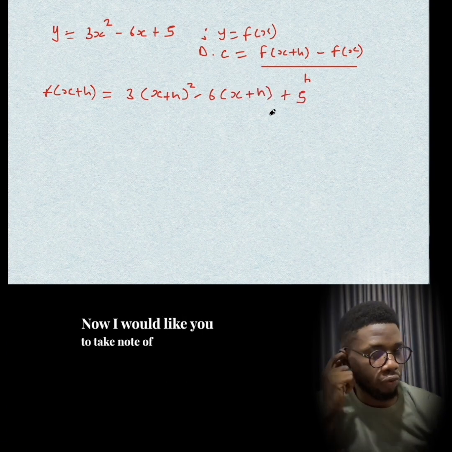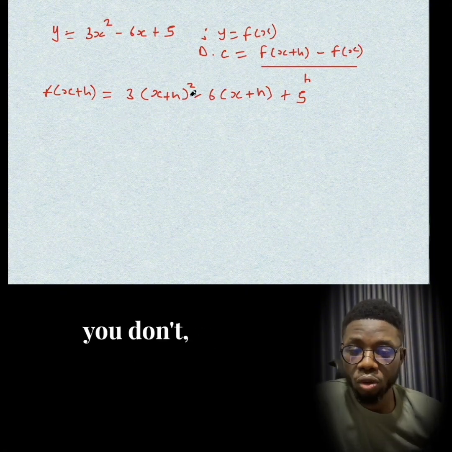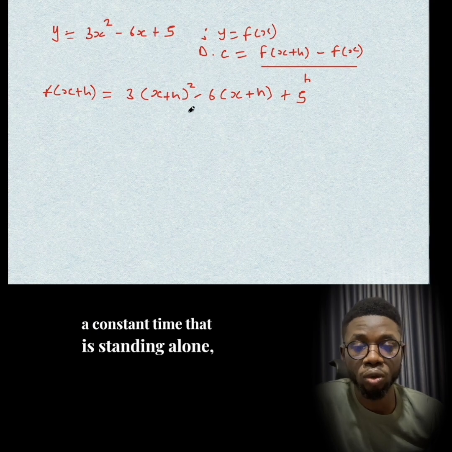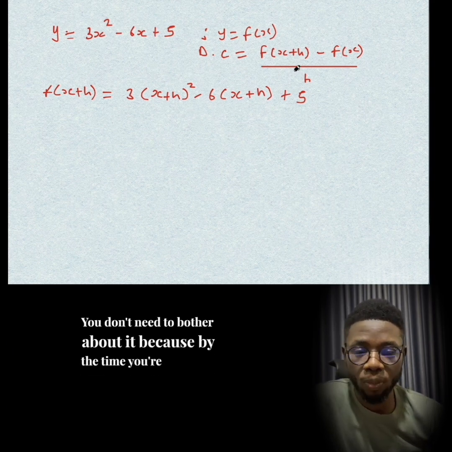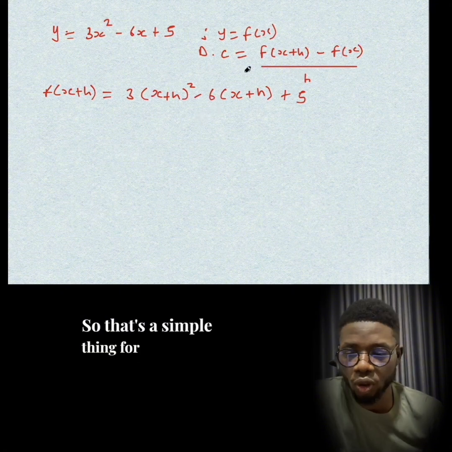Now, I would like you to take note of something. Whenever you are dealing with the differential quotient, a constant term in the function that is standing alone, you might just ignore it. You don't need to bother about it, because by the time you apply this expression, it's going to go away. So that's a simple tip to save time.